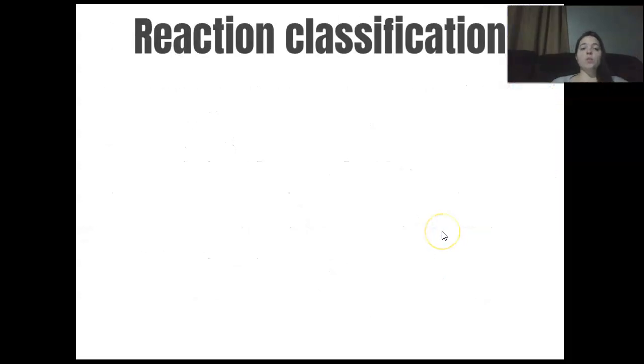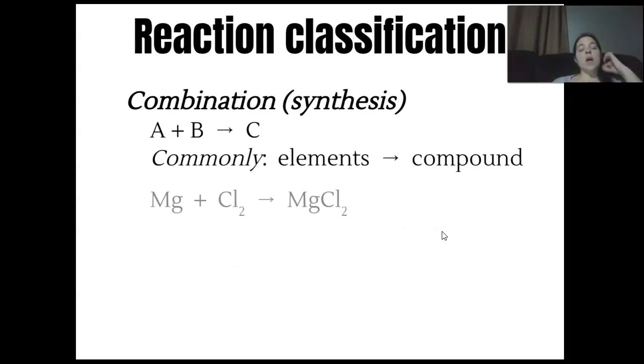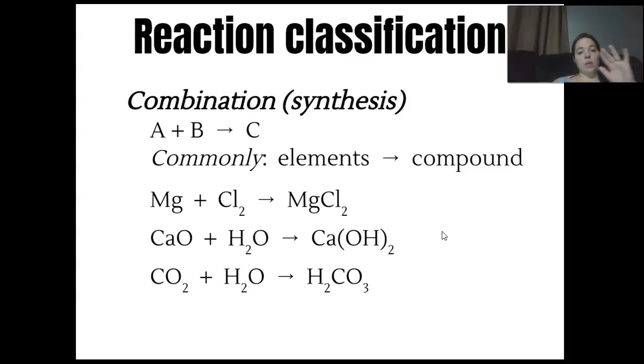All right, so the first one we're going to look at is a combination. A plus B equals C. It's literally an element or a compound, something plus another something gives you one other something, not 2, 1. You're just putting things together to make one whole thing, right? So in this case, you have magnesium and chlorine gives you magnesium chloride.